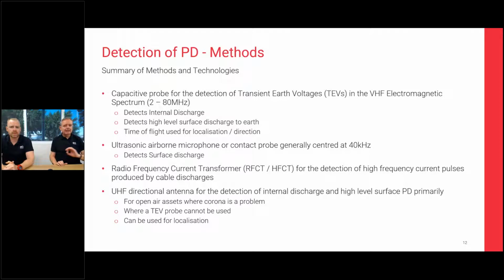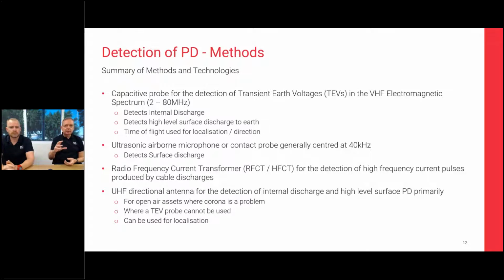If we're looking down the cable, trying to see things that are happening in joints, not so much in the terminations, then applying either a radio frequency current transformer or a high frequency current transformer, as some people call it, will allow us to look further down the cables. We'll see later that we do actually test all the way down to around 500 kilohertz and below, which is not in the HF range. That allows us to test further, and Brad will talk about that.